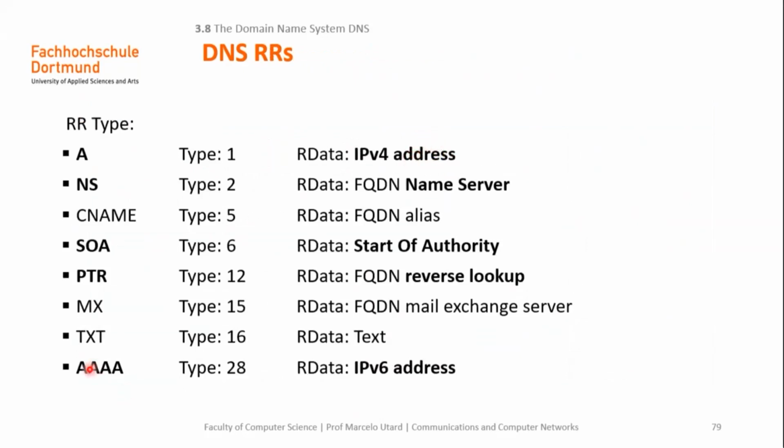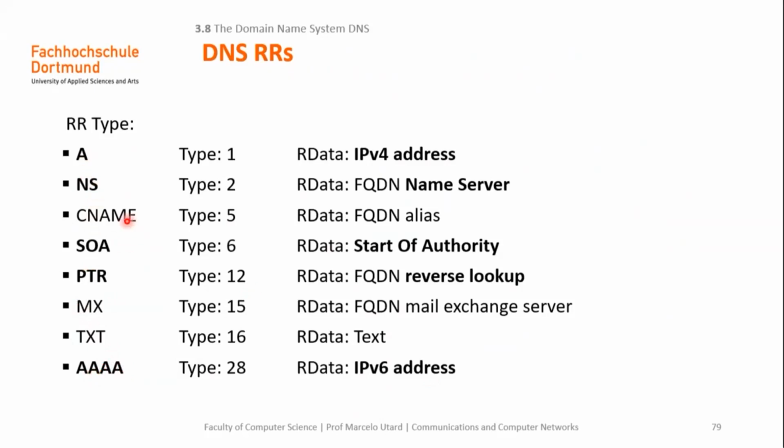For instance, the quad A, that is AAAA, which contains an IP version 6 address associated with the FQDN of the resource record. And there are several different types, not only A and AAAA.